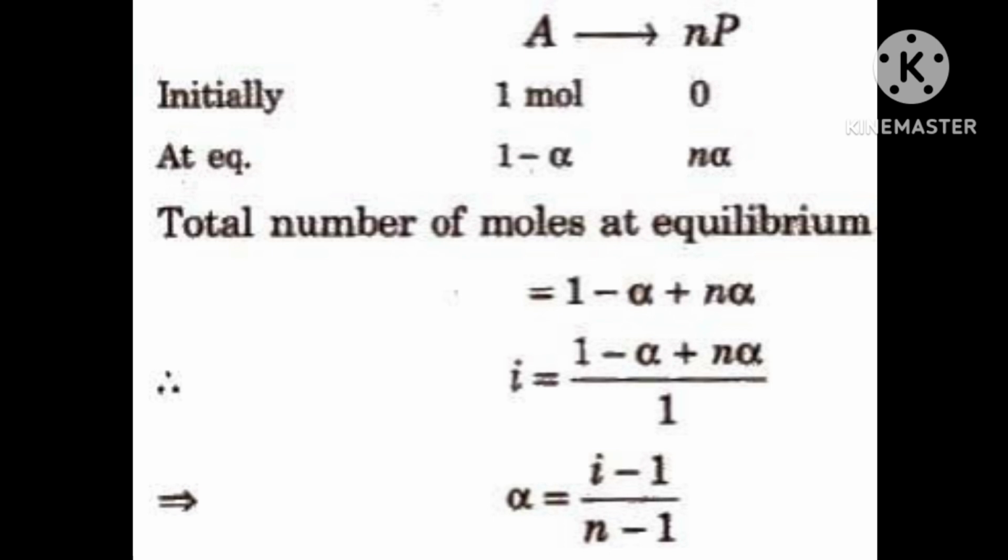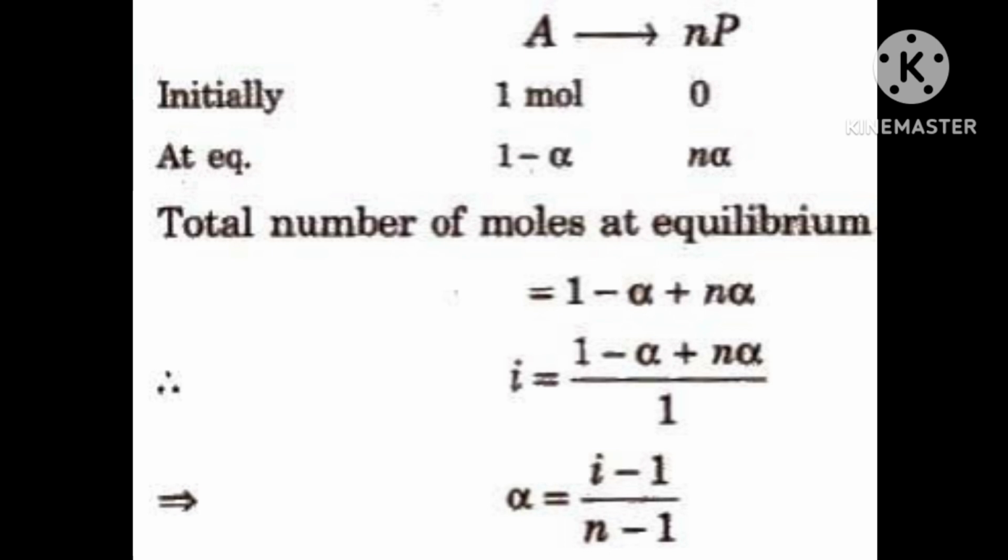Now calculate the normal molar mass of benzoic acid, you add all. C6H5 means 12 into 6 plus 1 into 5, plus 2 oxygen is there, 2 into 16, plus 1 for the last hydrogen, correct?